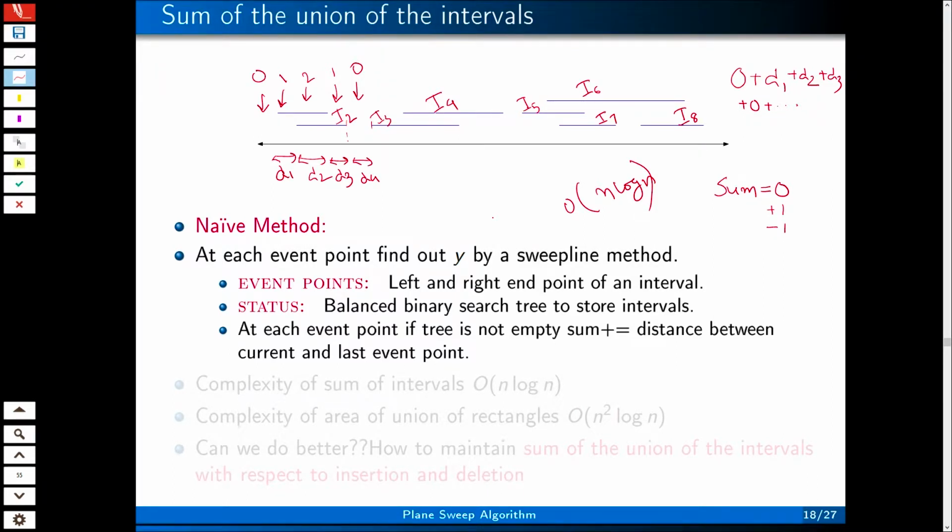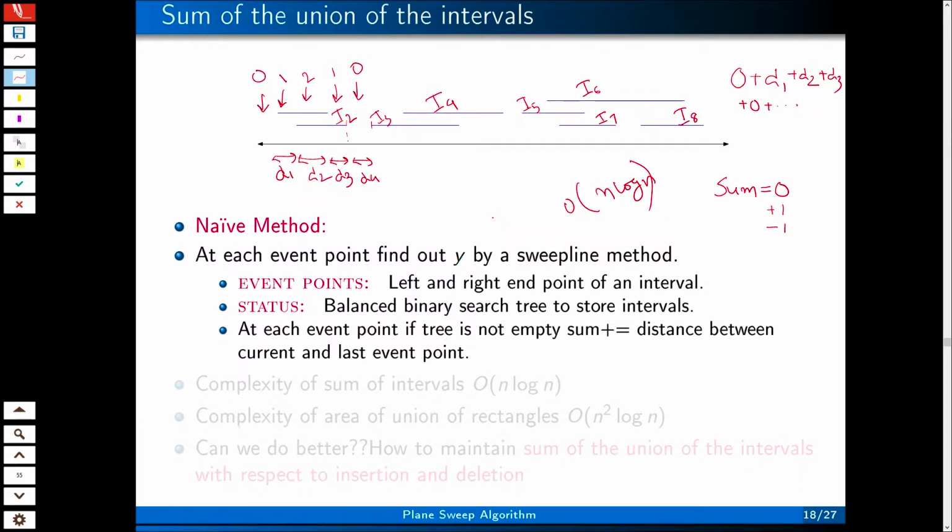So, we are looking for the same kind of data structure or system, like a black box, where we will store a set of intervals, and whenever I ask what is the length of the union of these intervals that are being stored now, I will have a quick answer.